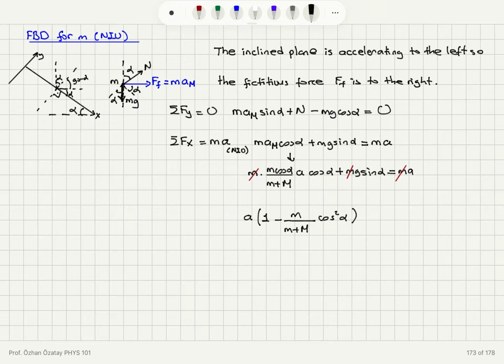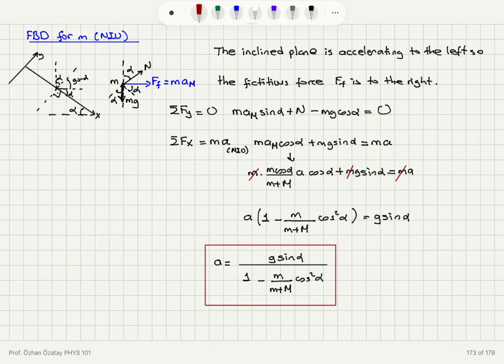This is equal to the remaining term here, g sine alpha. So I have the final answer, acceleration with respect to capital M, the non-inertial observer, is g sine alpha divided by 1 minus m over m plus capital M cosine square alpha. So this is the answer to the first question.